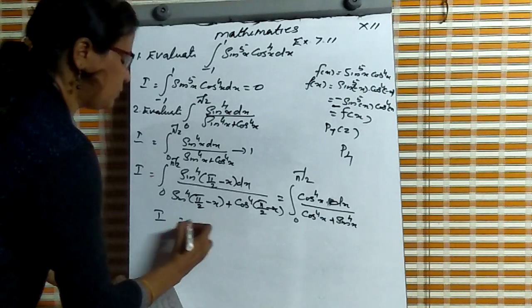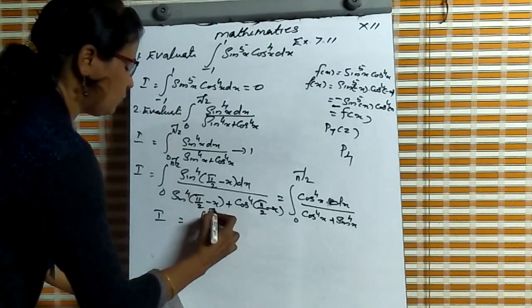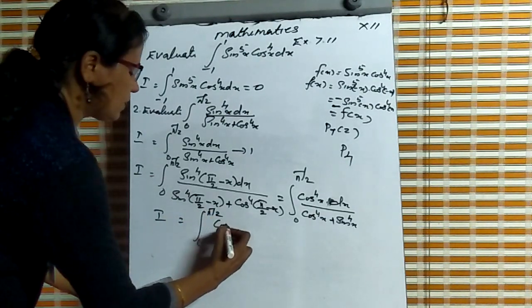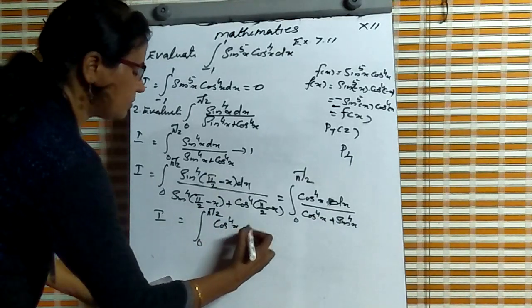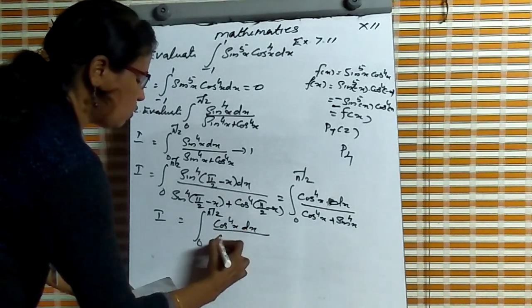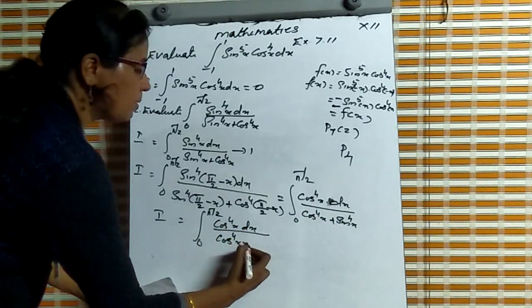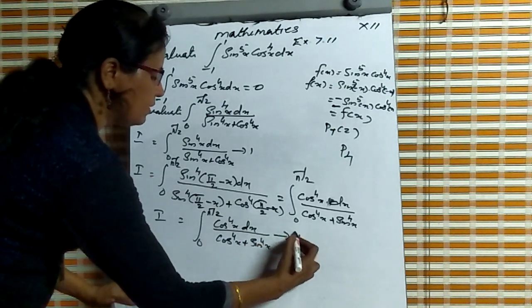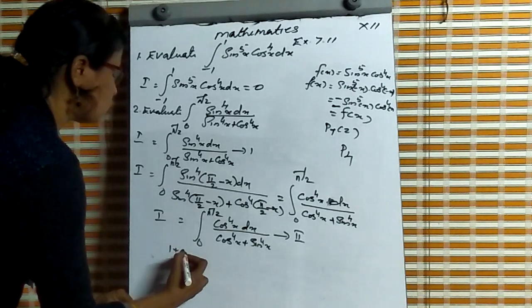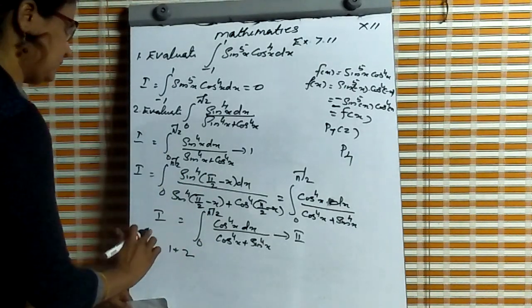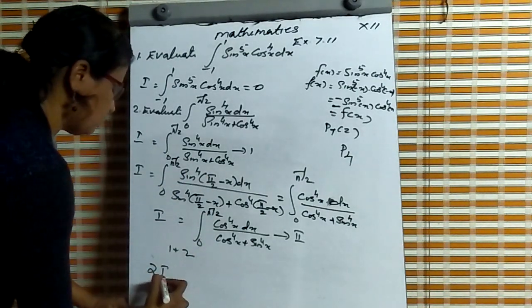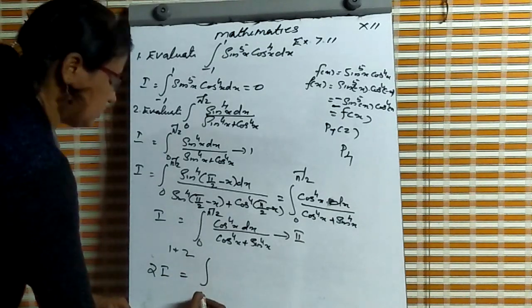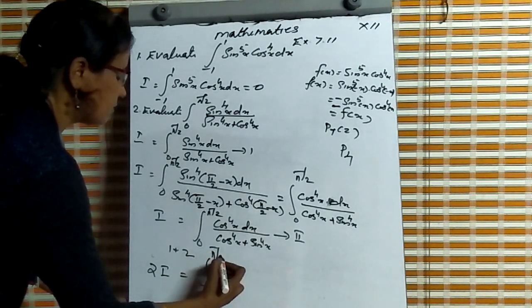So, I is equal to the integral from 0 to pi by 2 of cos^4 x dx by cos^4 x plus sin^4 x. This is equation 2. Adding 1 and 2, I plus I, 2I is equal to the integral from 0 to pi by 2.